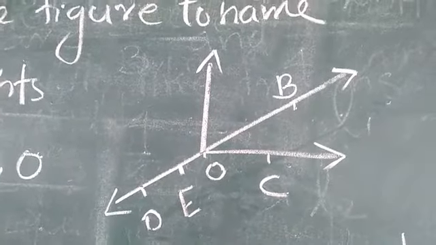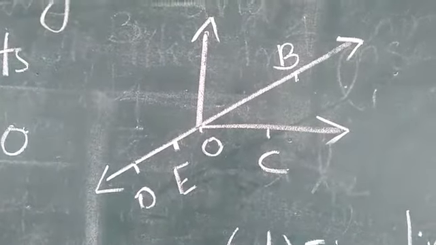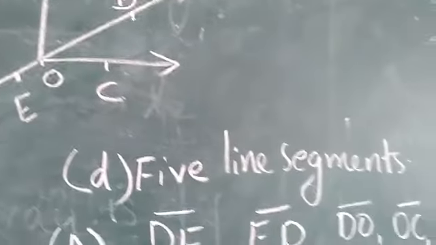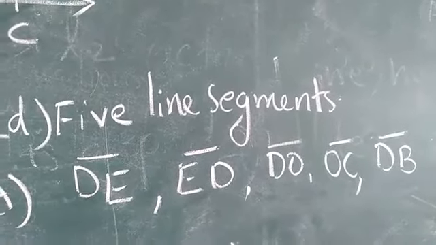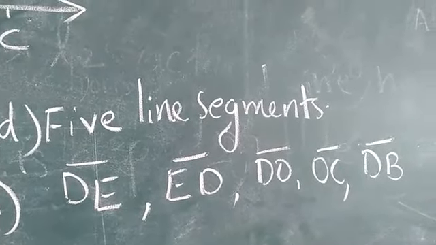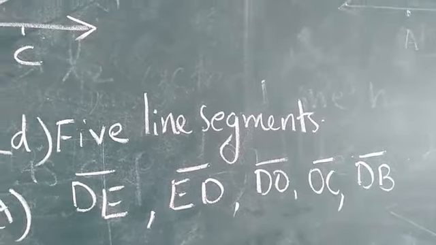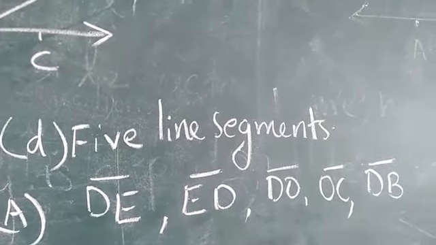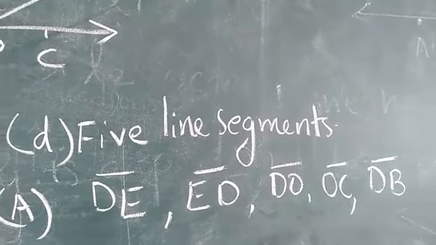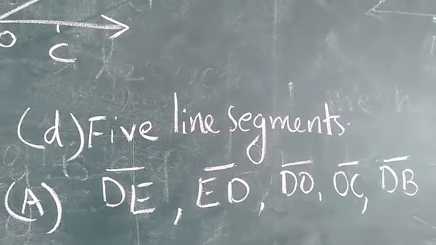Then DB. So we can write the answer as 5 line segments: DE, ED, DO, OC and DB. So you understood, children, the concept of points, line segments, ray and the line. Right?